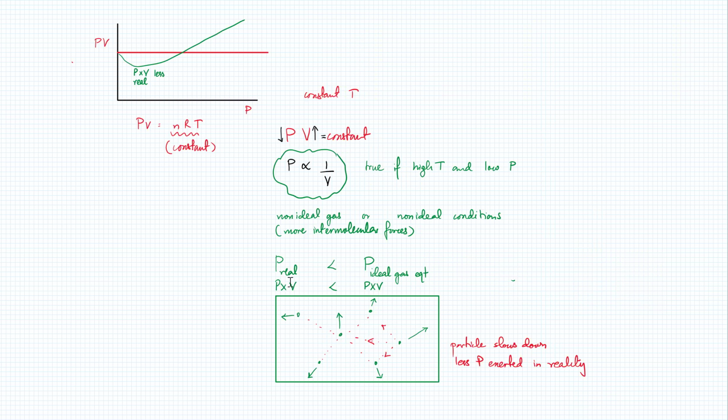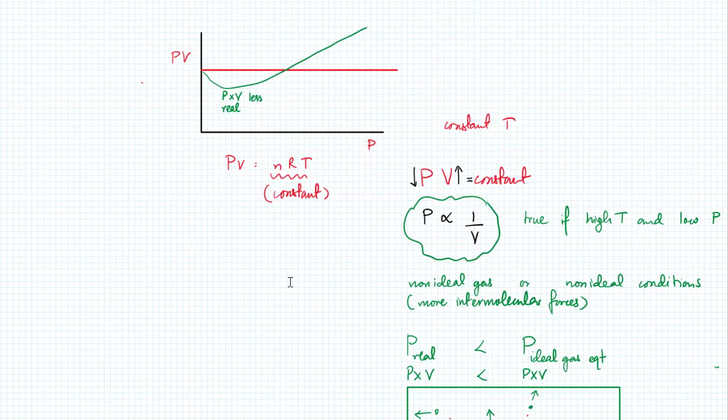The reason it does rise up is this: if you increase pressure, what is this relationship? It says that if you increase pressure, the volume should decrease, right? Imagine you're compressing a gas.